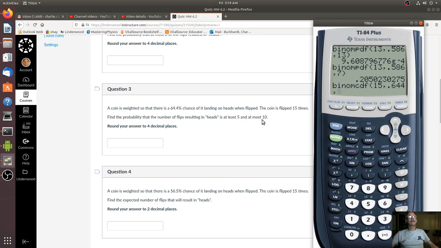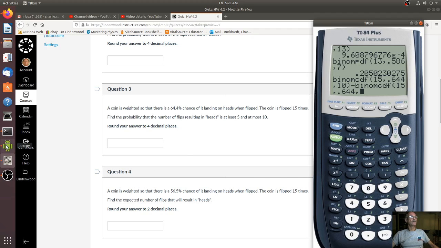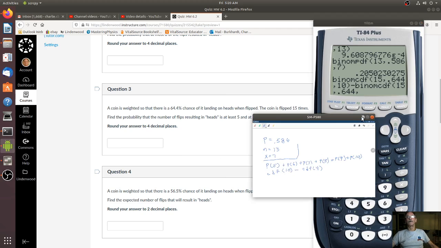And then I want to add them up to 10. And then I'm going to subtract off. I'm doing this all in one thing. Second distribution, go up to CDF. Make sure you got a C here. And then I got the same n, 15. And comma, 0.644, the same probability of success. And then a comma. And then what do I want to subtract off here? 4.